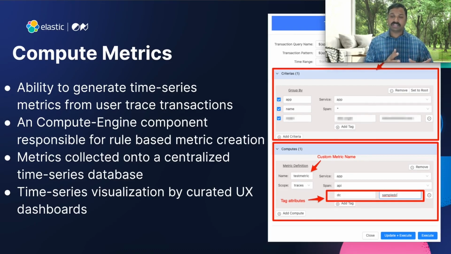The way it is done is that we have a scheduler that polls the Elasticsearch cluster, finds out the corresponding metric value, and then writes it onto our metric platform. Once it is available on our metric platform, you can visualize it using our time series visualization tools and also create alerts on top of it.